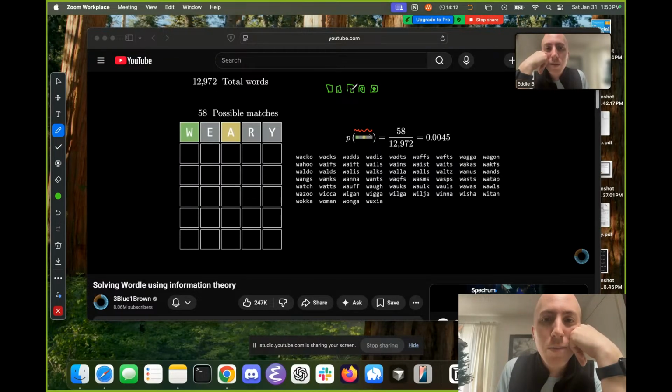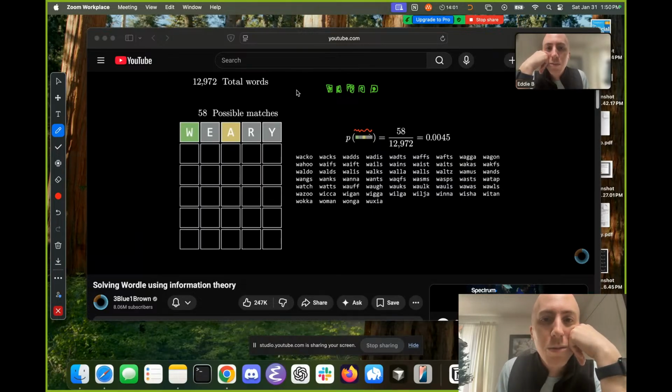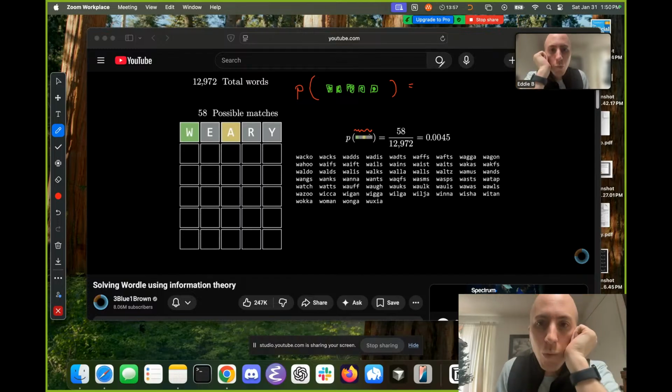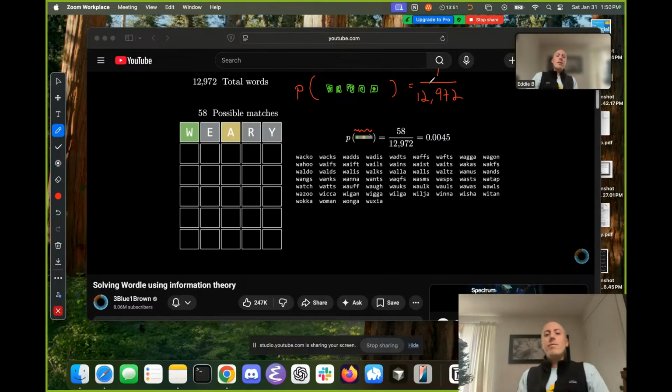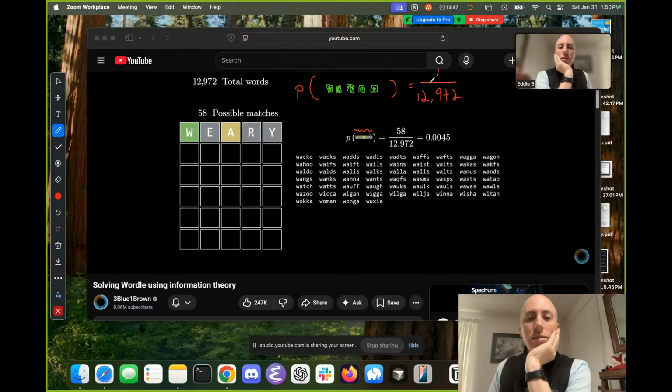This is the most unlikely thing to occur. So the probability of this is just equal to 1 over 12,972, to get everything right.